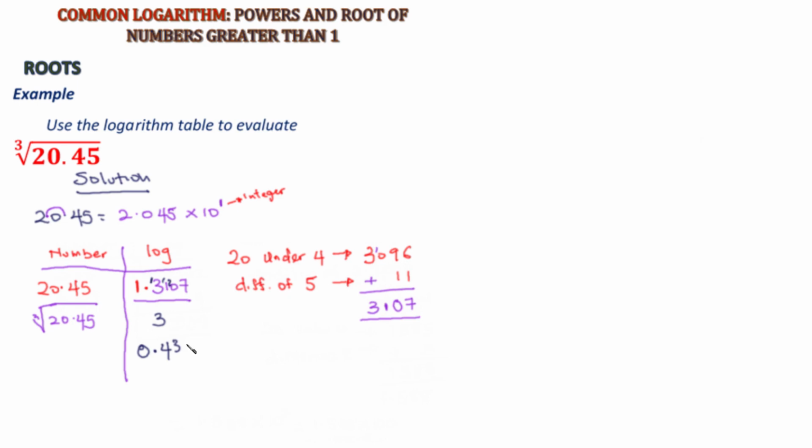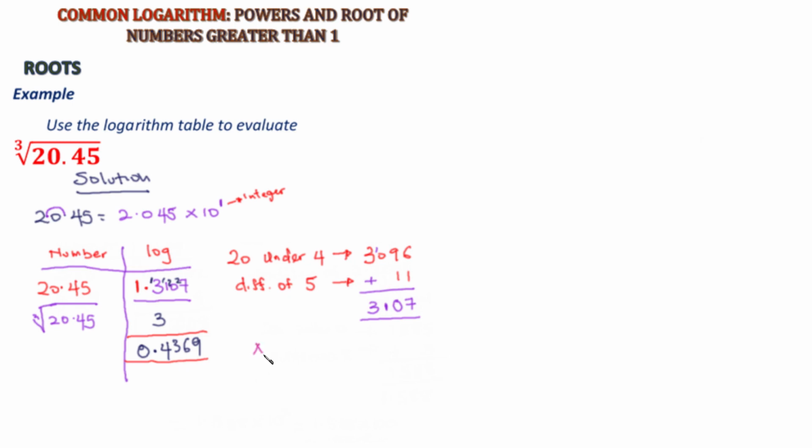Is 6. That's 18. Remainder 2. 27 divided by 3 is 9. Then you've gotten your answer for that value. Now our answer is 0.4369. Then we will look for the antilog.